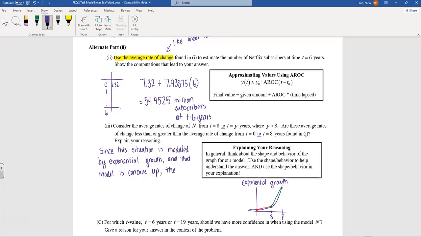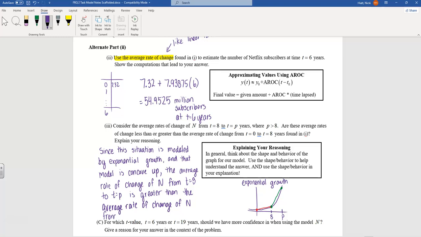So I'm going to say the average rate of change of n from t equals 8 to t equals p, so 8 to p, is greater than the average rate of change of n from t equals 0 to t equals 8. There.